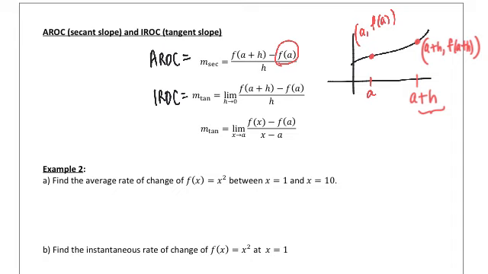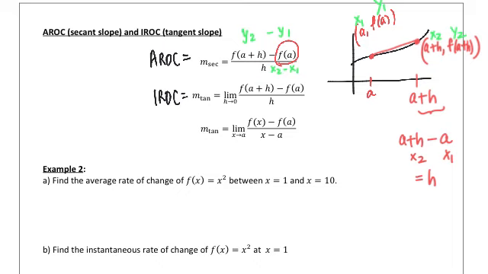So now if I connect these two points with a straight line, then the rise over the run, y2 minus y1 over x2 minus x1, would give me f of A plus h minus f of A. That's the difference between the two y values. And you just get h on the bottom because A plus h, which is your x2, minus A, which is your x1, just leaves you with h. So that equation, f of A plus h minus f of A over h, is the average rate of change.